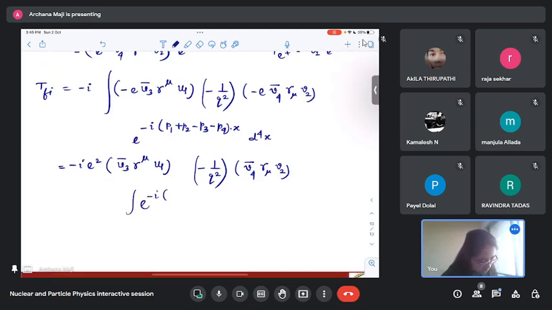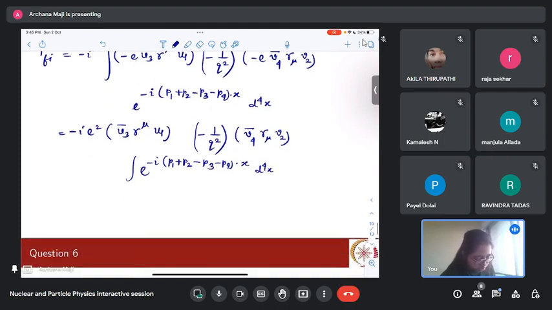So the integral of exponential of minus i (p1 plus p2 minus p3 minus p4) dot x d4x will give us a 4-delta function: minus i e squared (2 pi)^4 delta 4 (p1 plus p2 minus p3 minus p4), and then these terms.